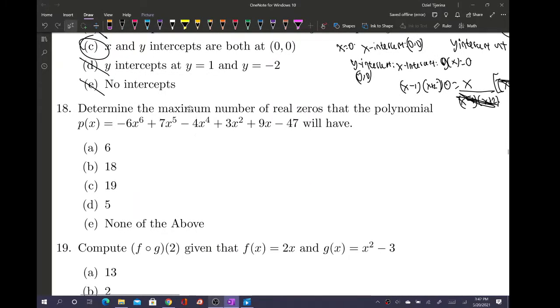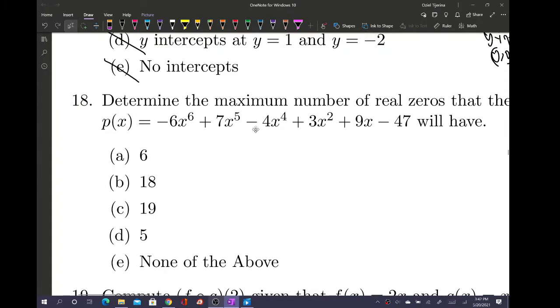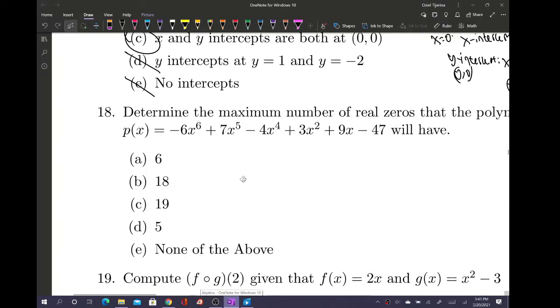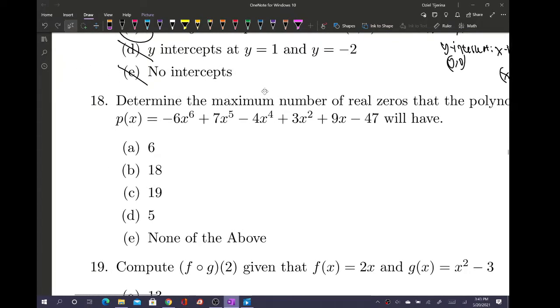All right. Determine the maximum number of real zeros that the polynomial p of x equals negative 6x to the 6th plus 7x to the 5th minus 4x to the 4th plus 3x squared plus 9x minus 47 will have. This is number 18. So this one, you want to be careful because there's a difference between turning points and zeros, right?